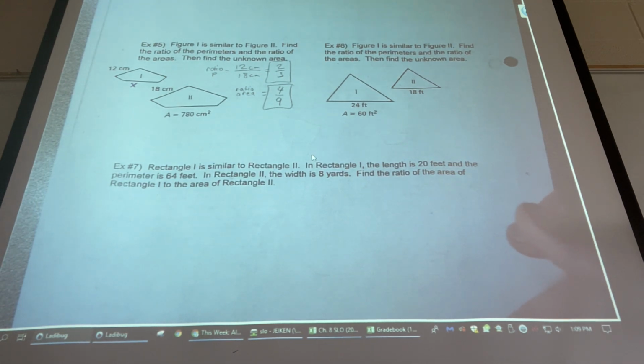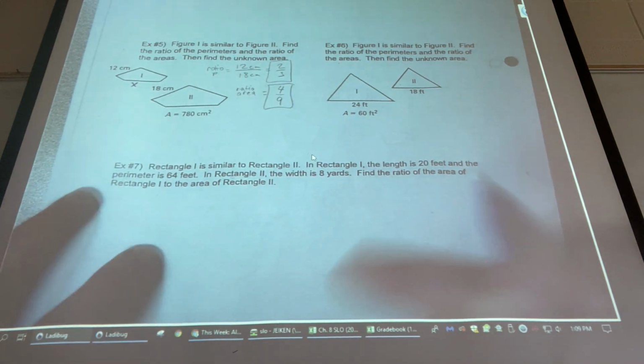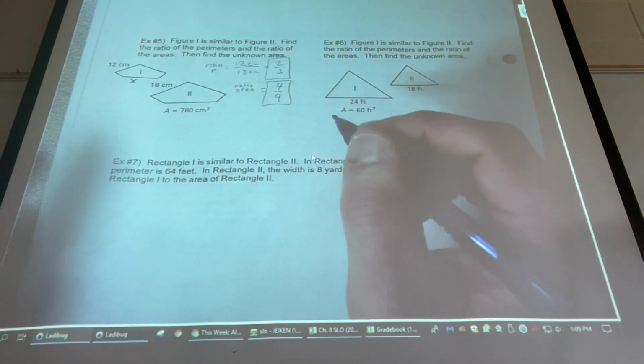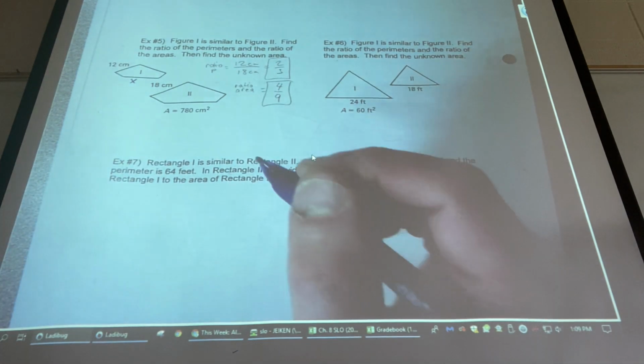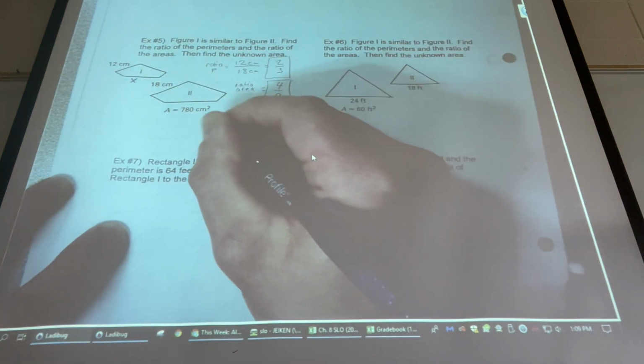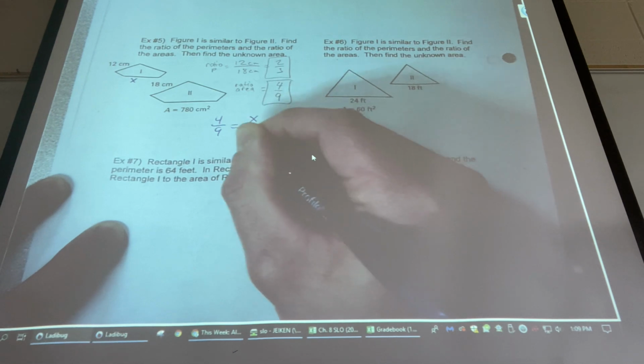What do you think? I did 780 centimeters squared divided by 9 times 4. Okay, I bet that's right. But let's just set up one ratio equal to another ratio. I had 4/9 is equal to x over 780. That's exactly what I have, but I didn't trust it.